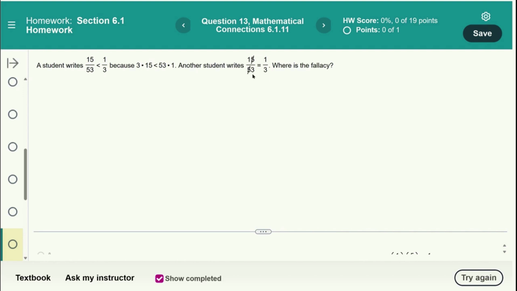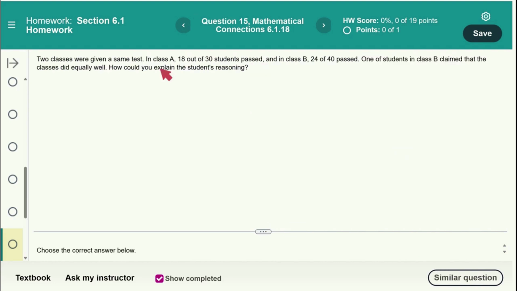Well, this student obviously does not understand the concept of cross-canceling. You can never cross-cancel like that because we don't cancel based on the digits that are there. We cancel based on whether these two numbers have a common factor and then dividing off that common factor. So there's a misunderstanding about the process of cancellation here.